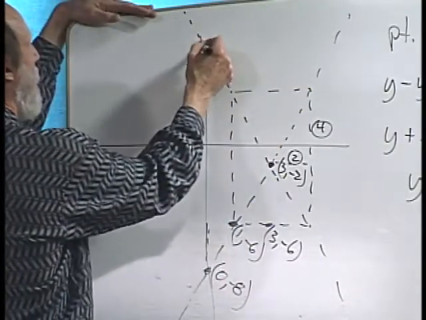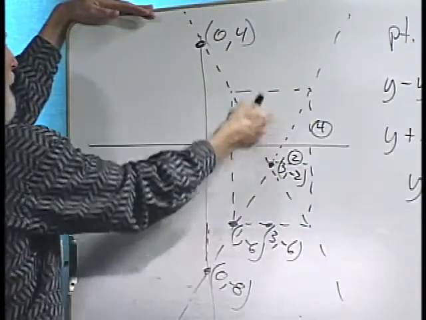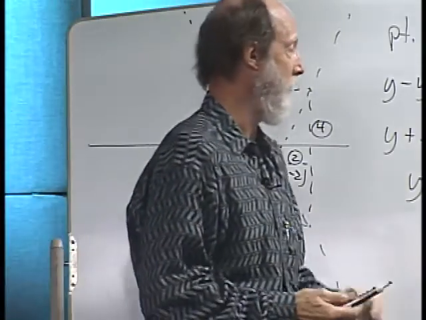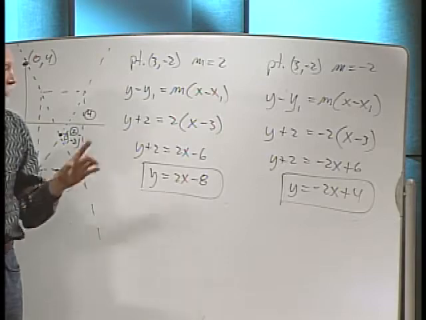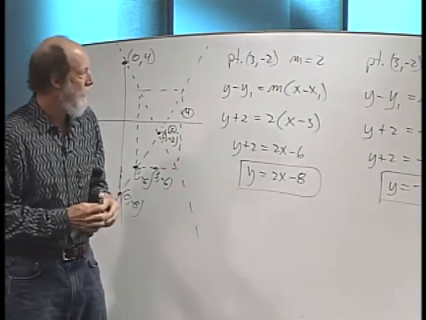Similarly, this point right up here should be (0, 4). You can check that using the geometry ideas that I talked about a few minutes ago. Okay, got both asymptotes.